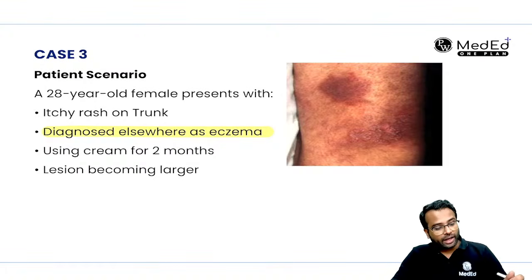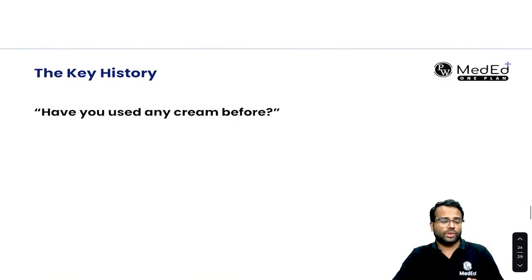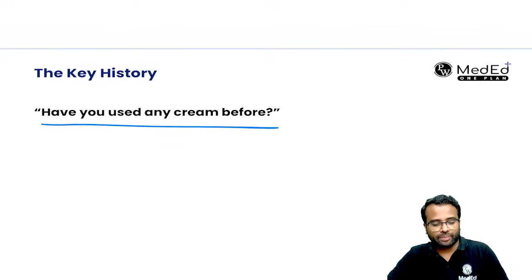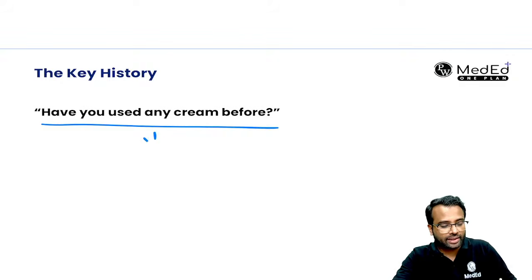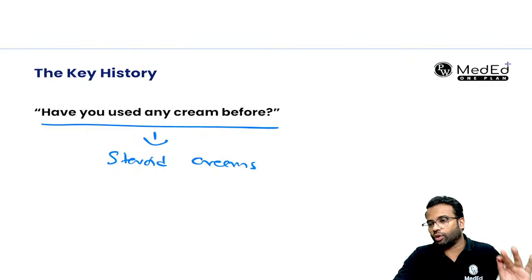When you ask which cream did you use before, or have you used any cream, the patient is bound to reply that yes, I have used some steroid creams, but the steroid creams never worked for me.